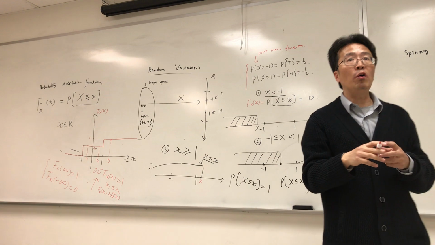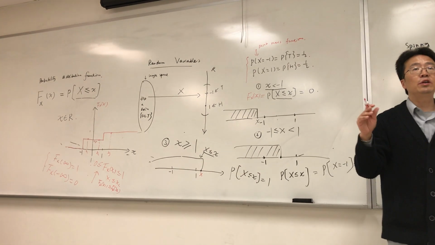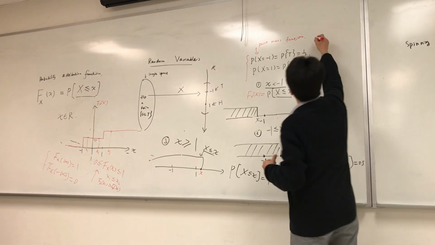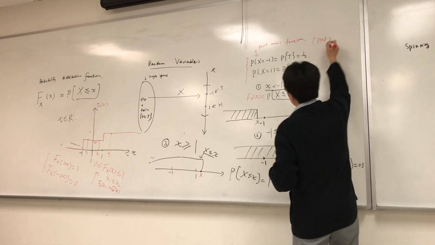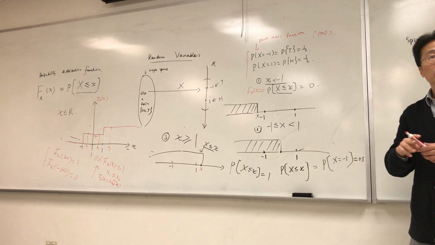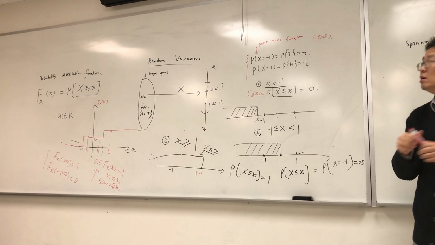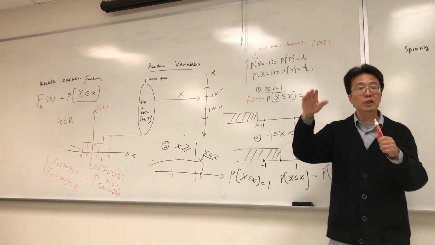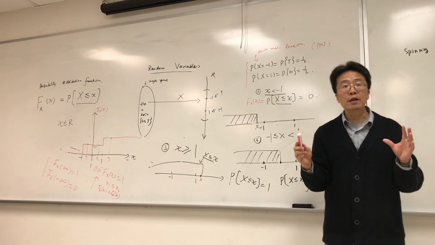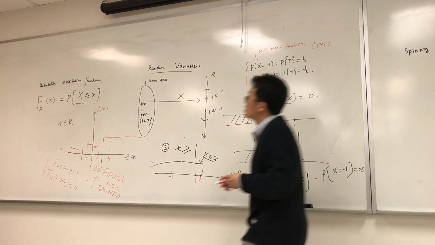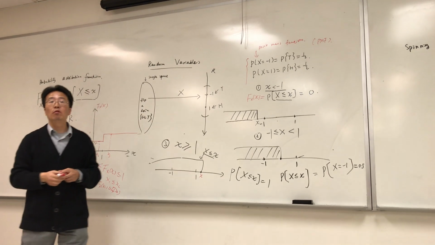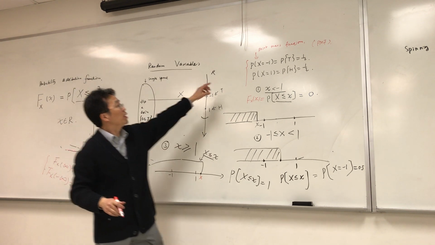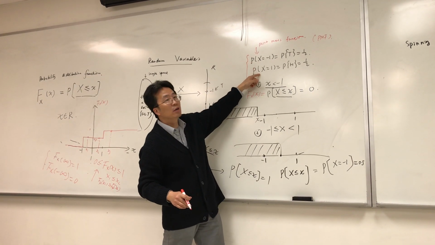If we know this point mass function, then all these statistical values can be derived from those PMFs. So it's more important for us to focus on point mass functions for discrete random variables. On the other hand, for continuous ones, the distribution function will be more useful.